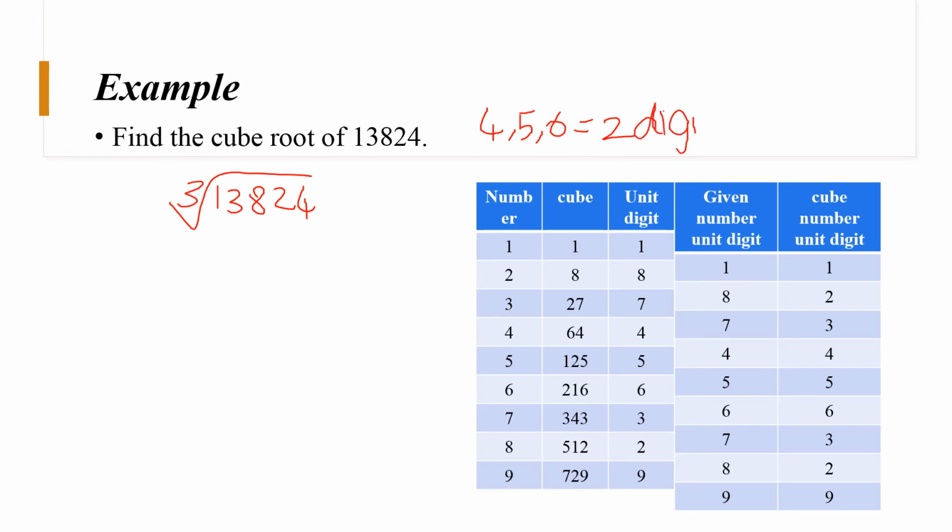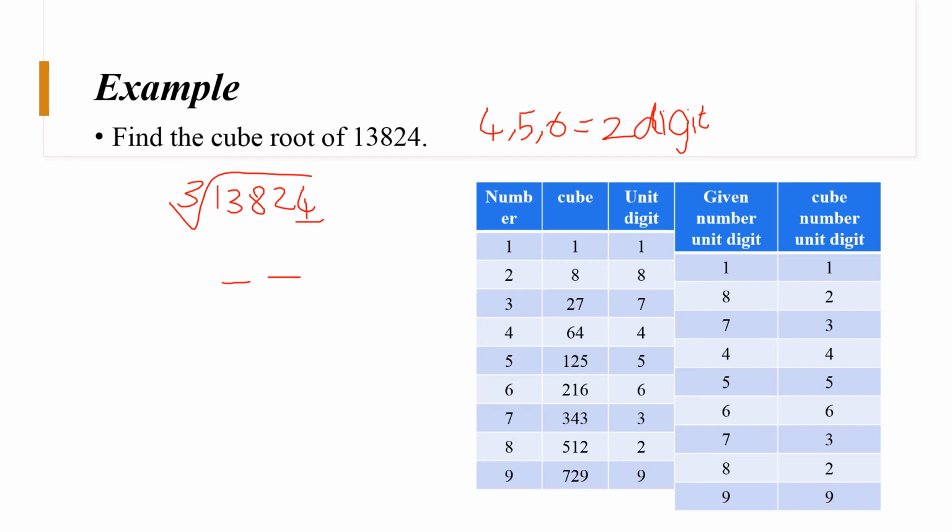So here they are given the number in 5 digits. The answer will be in 2 digits only. For that, first we will see the last digit of the given number, that is 4, and we will see the given number unit digit and cube number unit digit table.